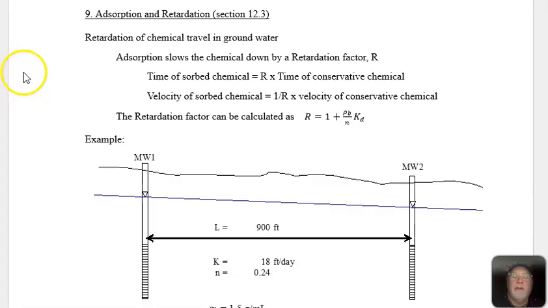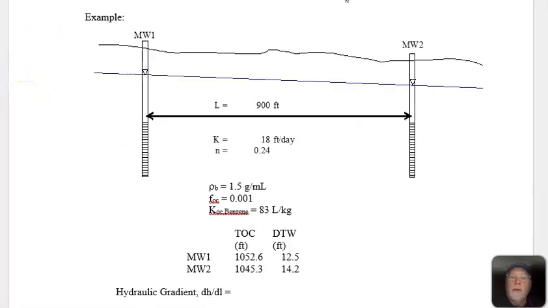We'll start off with this example that builds off of our previous Darcy's law example. This is the same example that we started with way back when, and now we're going to add adsorption to it. The first thing we did is find the head, which we'll need for Darcy's law. It's the top of casing minus the depth to water. So this is 1040.1, and this one is 1031.1.